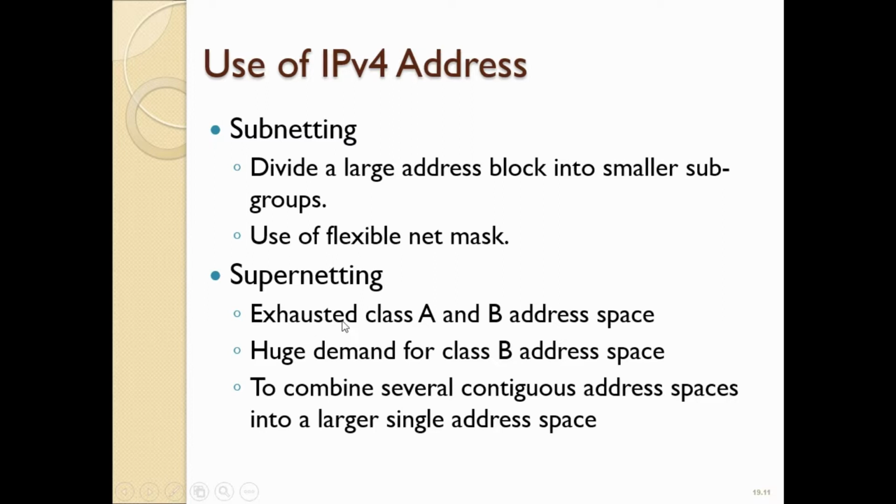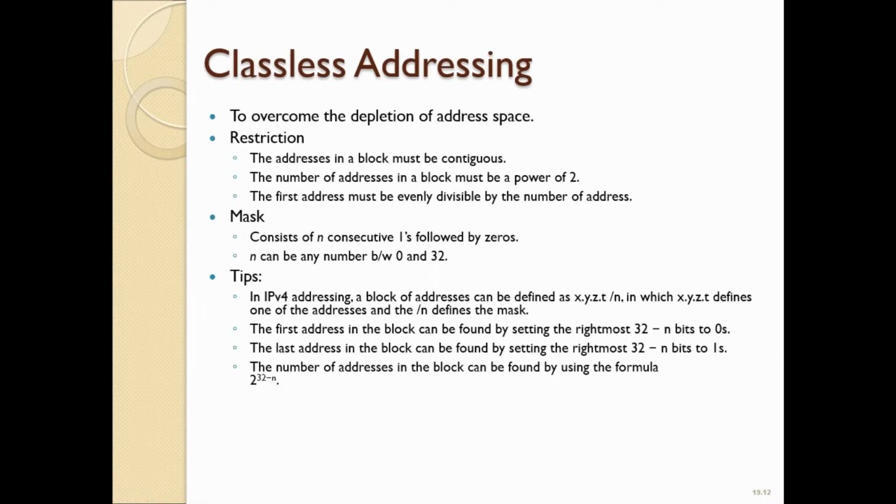Supernetting: the exhausted classes are A and B address space. Users demand class B address space because the address space in class B is much higher than class C. Supernetting combines several contiguous address spaces into a single large address space. We'll see that moving forward.